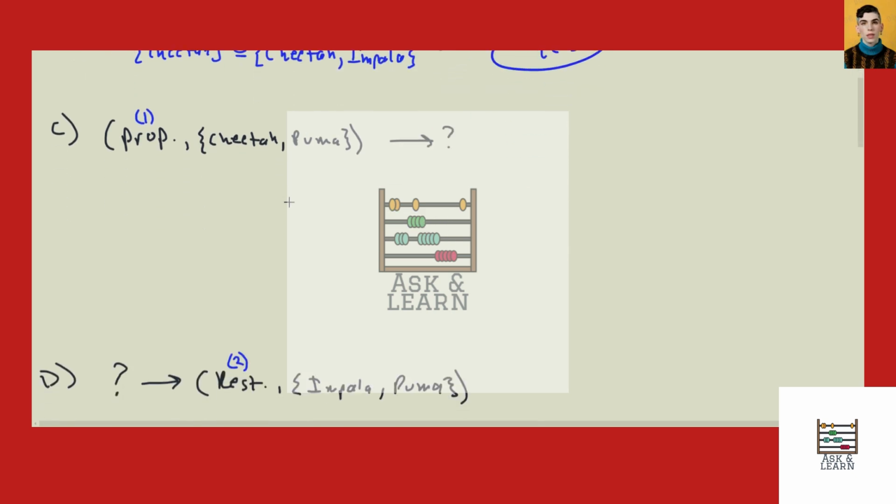Now, the next thing is we want to figure out all of the ordered pairs that we can pass information along to, given we're starting from proprietary Cheetah Puma. Well, remember, we need our class to be less than or equal to the one that we're passing it to.